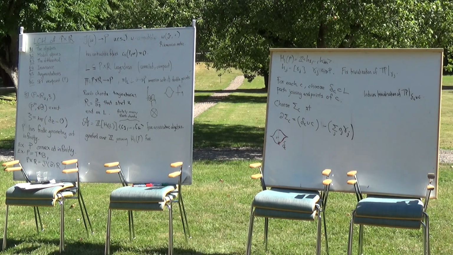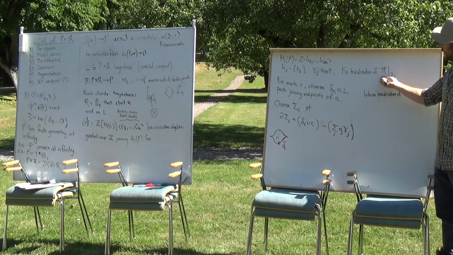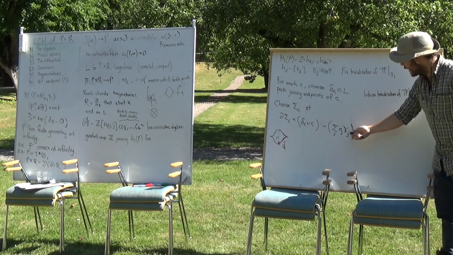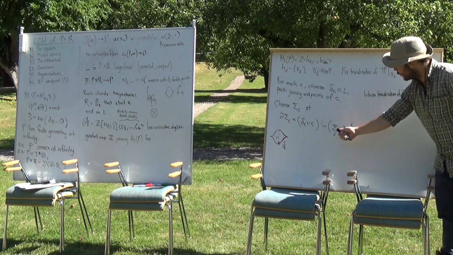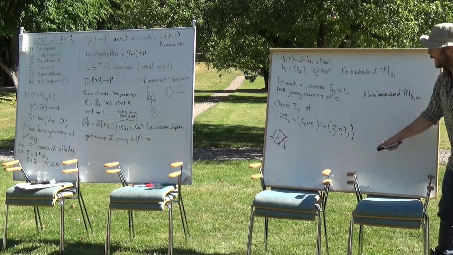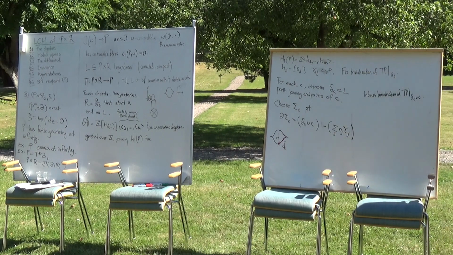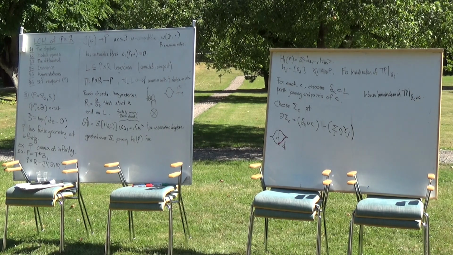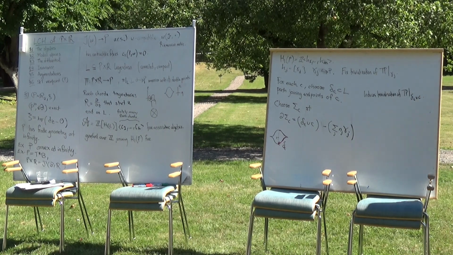So there's a unique way to extend the trivialization that I have of the tangent bundle over this end of sigma C to the whole of sigma C, and this gives me a trivialization of the tangent space over the capping path union the Reeb chord.